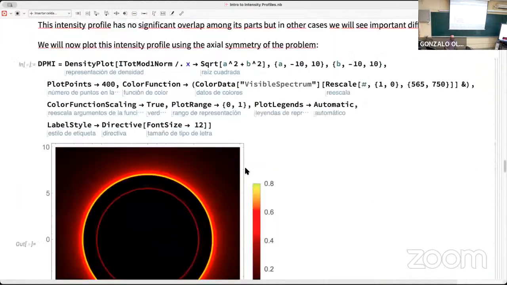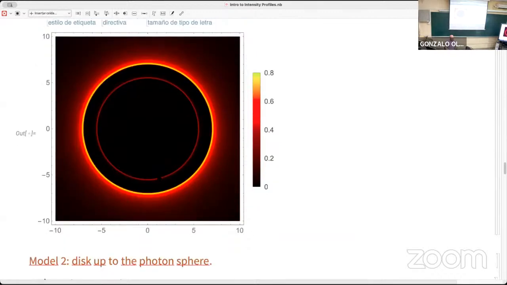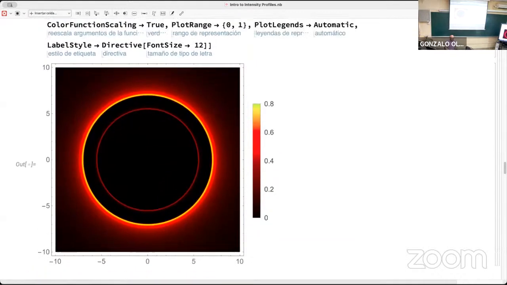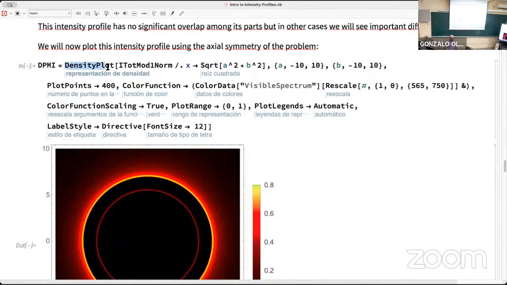To see this, you just need to use the command DensityPlot in Mathematica. It has this built-in command: you take the intensity profile, the total intensity that we defined in terms of interpolating functions, and then DensityPlot can represent that.